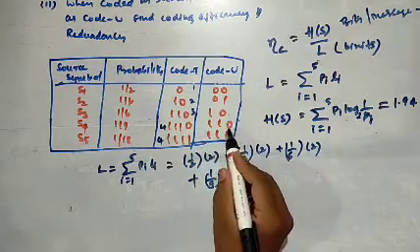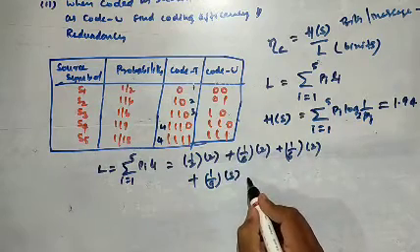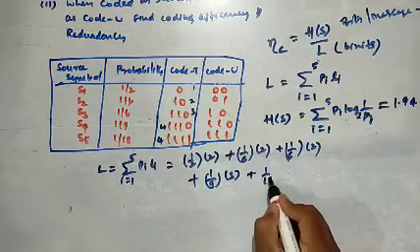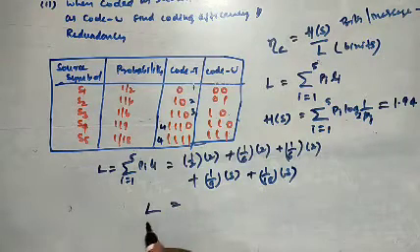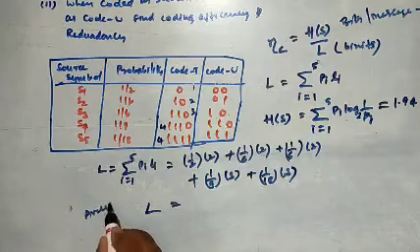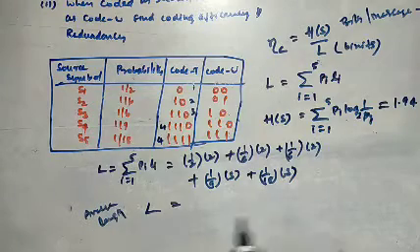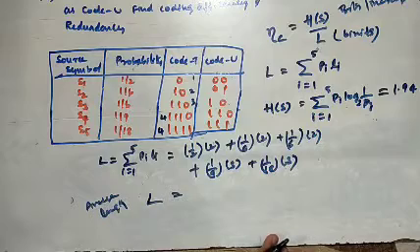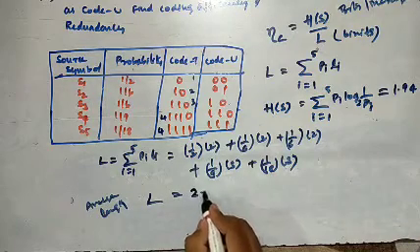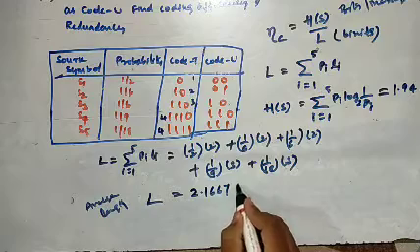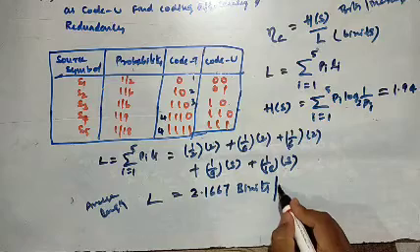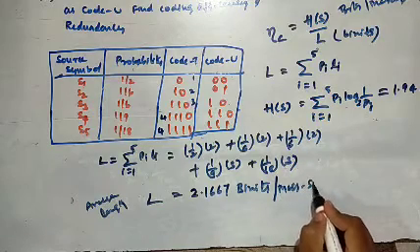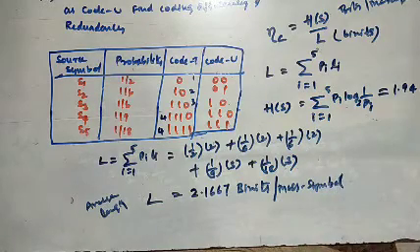For this 1 by 9 probability, we have the code word length 3 plus 1 by 18. For the code word length, we have the 3. And the solution, the average length L is equal to 2.1667 binary digits per message symbol.